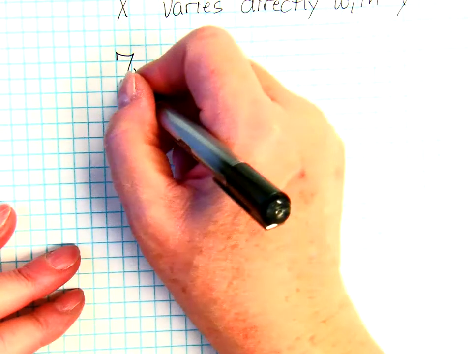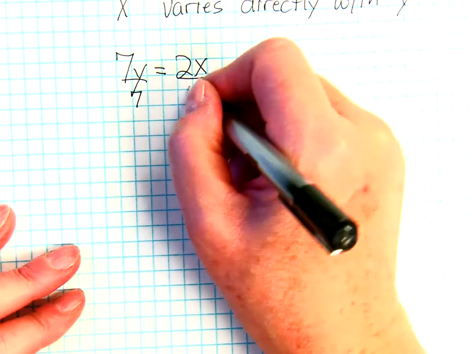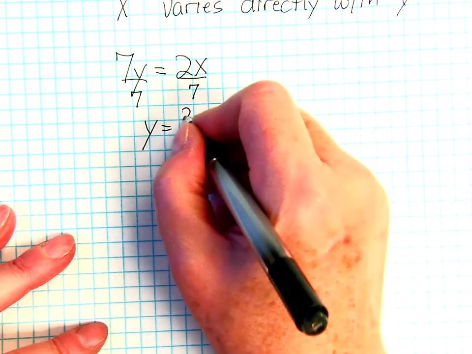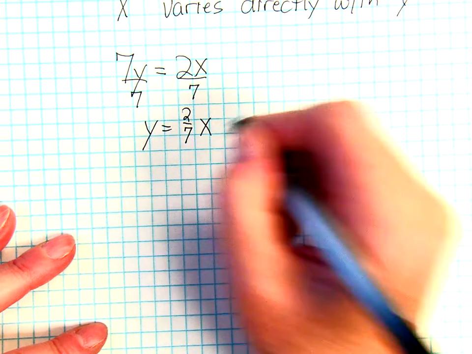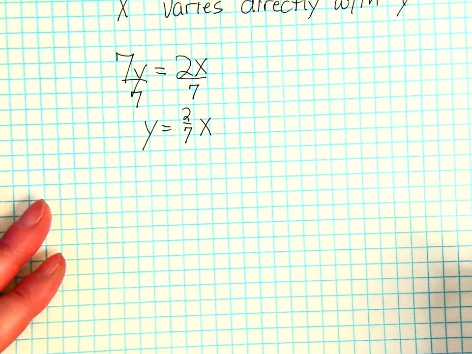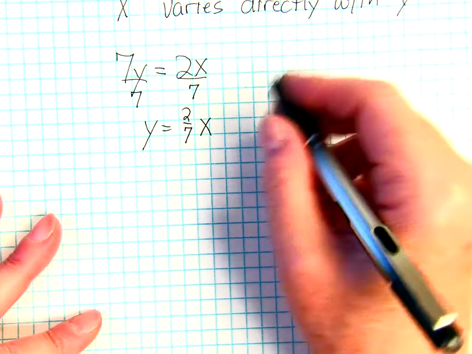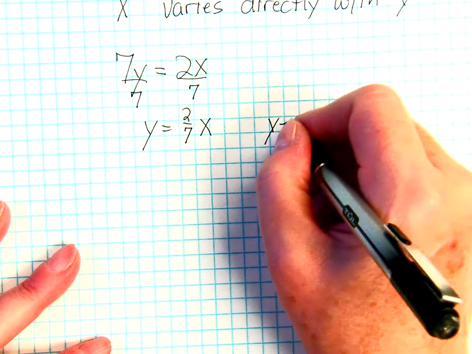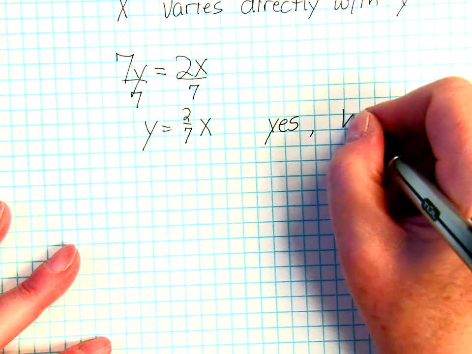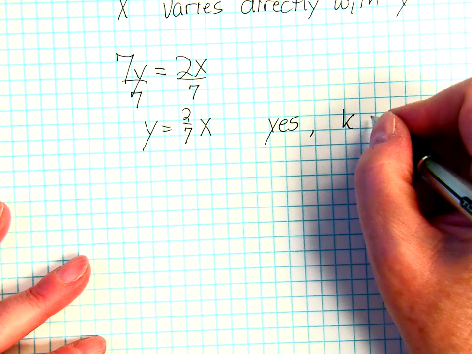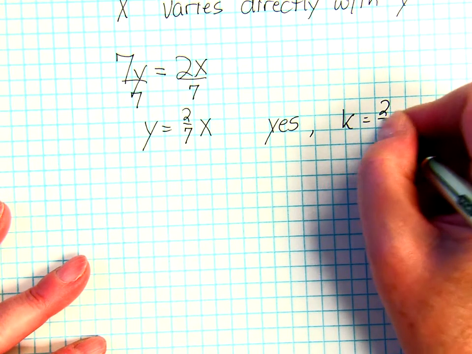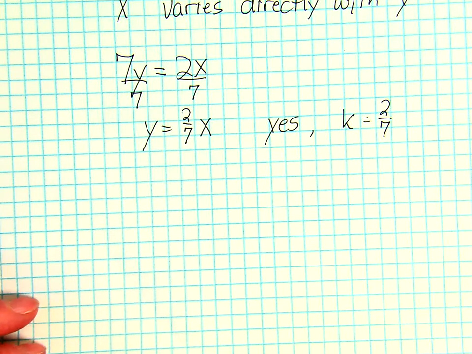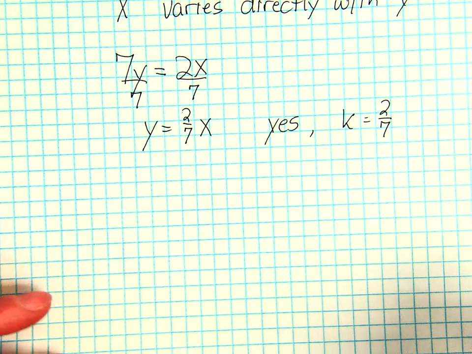All we have to do is divide both sides by 7, and that gives us y equal to 2/7 x. So yes, this is a direct variation, and k is 2/7, our constant of variation.